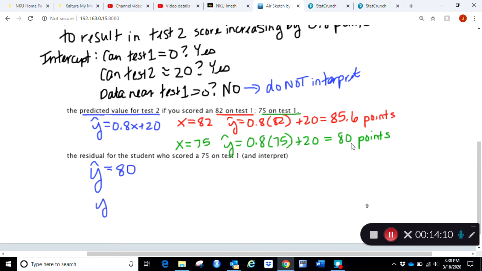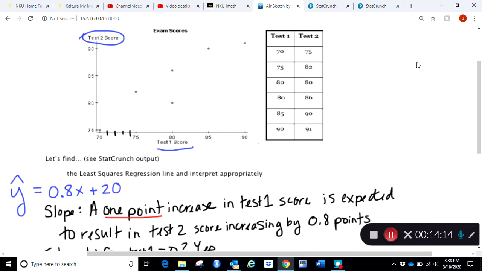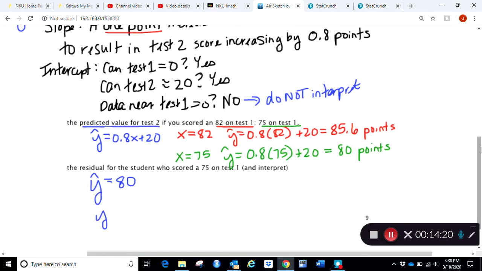Now, we actually had a student who scored a 75 on test 1, and their actual test 2 score was an 82. So that's my value of y. Now to calculate my residual, which is y minus y hat, we take 82 minus our 80 and get a 2.